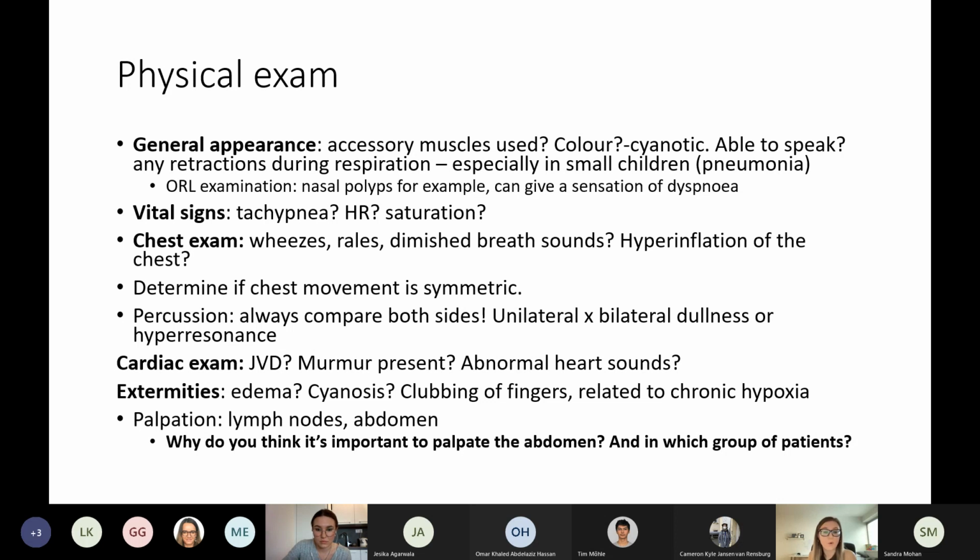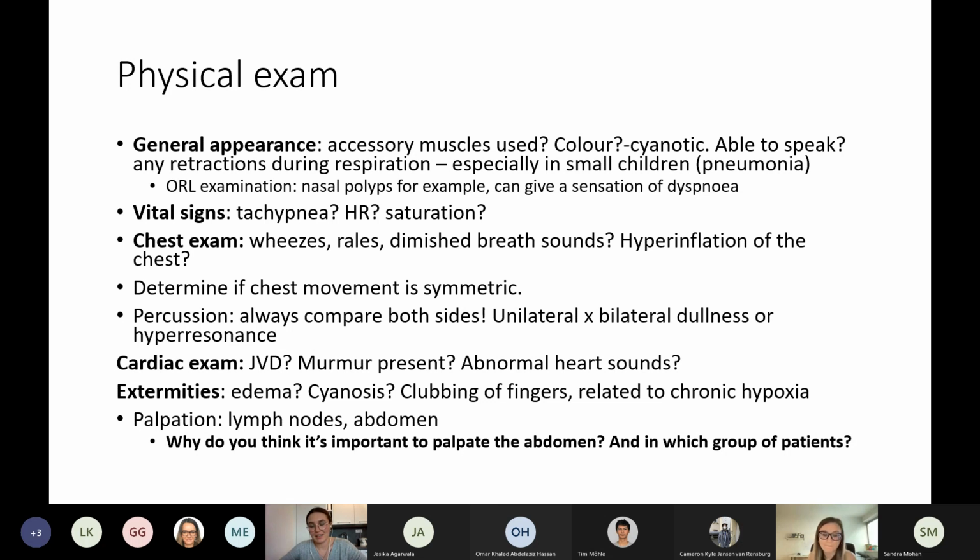Just one second. So why do you think it's important to palpate the abdomen, and in which group of patients do you think we would have to do this? Like in the setting of dyspnea. Yeah, so why it's important to actually palpate the abdomen. We don't mean generally why we palpate the abdomen, but in this setting.